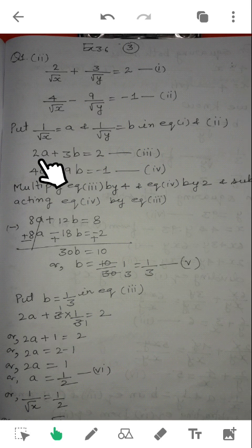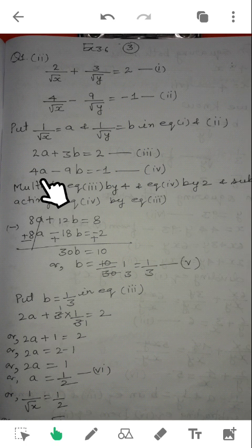Then the first equation becomes 2a plus 3b is equal to 2, and the second becomes 4a minus 9b is equal to minus 1. Say this one as the third equation and this one as the fourth equation. Now we'll solve these two equations to find the values of a and b.